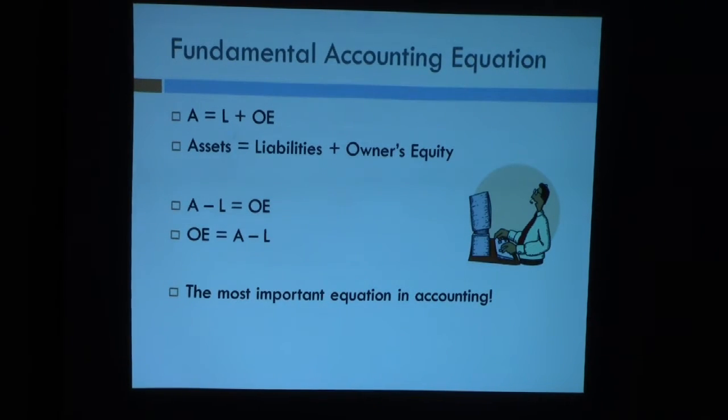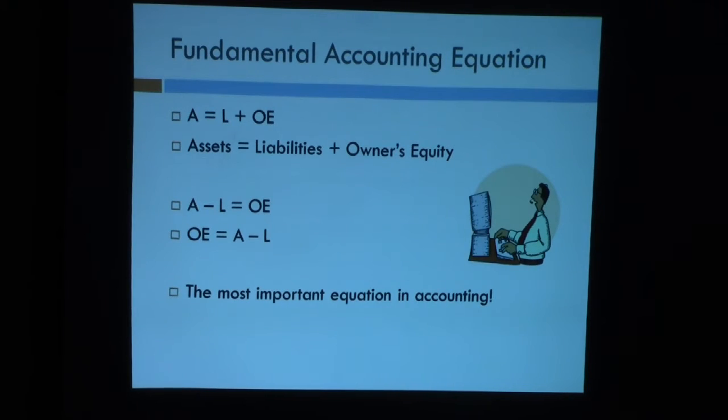So for example, if you own a car which is worth $25,000 and you have a loan against it worth $15,000, that means your assets are $25,000, your liabilities are $15,000, and your owner's equity, which is your part of the asset, is 25 minus 15 equals $10,000.